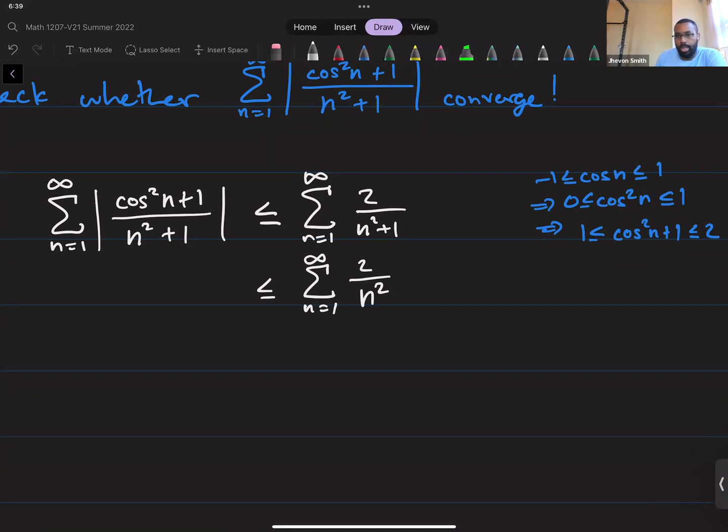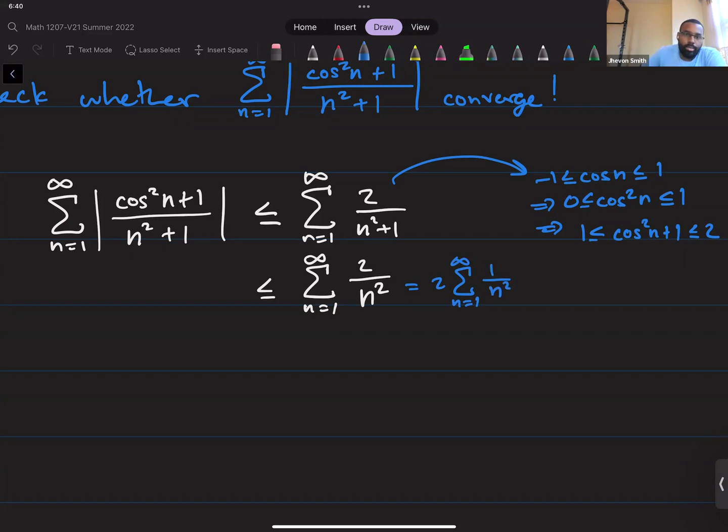Okay. Now, what can you tell me about this series, 2 over n squared? What kind of series is it? Has a very specific name. P series? The P series, right? Remember, we have that property that for a series, we can factor out constants, so the 2 shouldn't get in the way there.